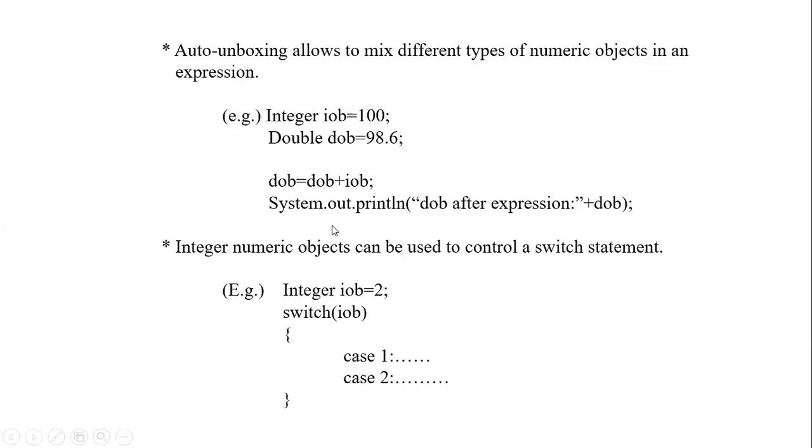That means if you have different data types, say for example, an integer and a double value, and you want to perform addition on these things, say the first argument is of the double data type, and the second argument is of an integer data type. Obviously this answer will result in a double primitive type itself, right? So that double primitive type will be boxed into a Double object.